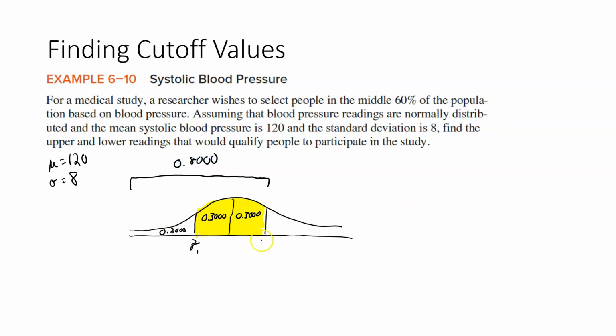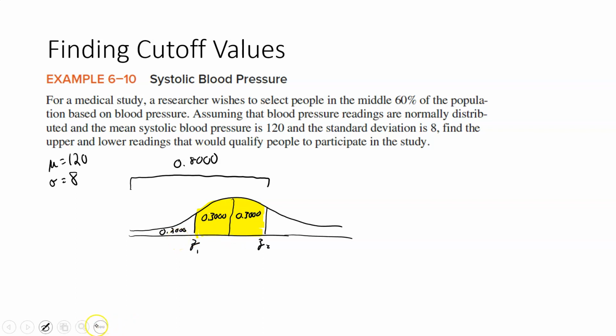So I'm going to do two reverse lookups, one for 0.2000, one for 0.8000. 20% of data will fall to the left of this line, and 80% will fall to the left of this line. Got to find the cutoffs on each end.